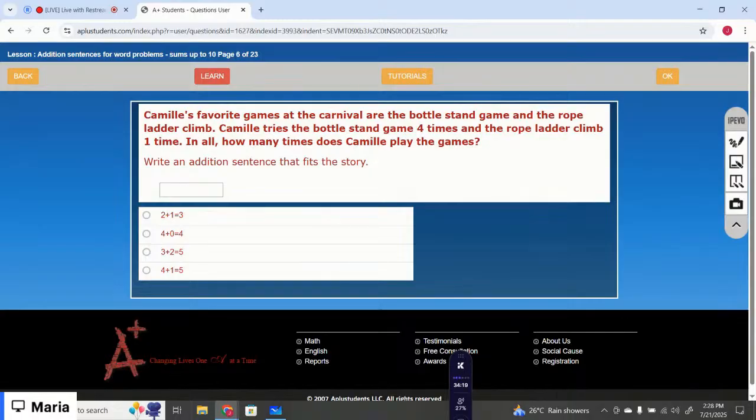Camel's favorite games at the carnival are the bottle stand game and the rope ladder climb. Camel tries the bottle stand game 4 times and the rope ladder climb 1 time in all. How many times did Camel play the game? So, which is the correct option?